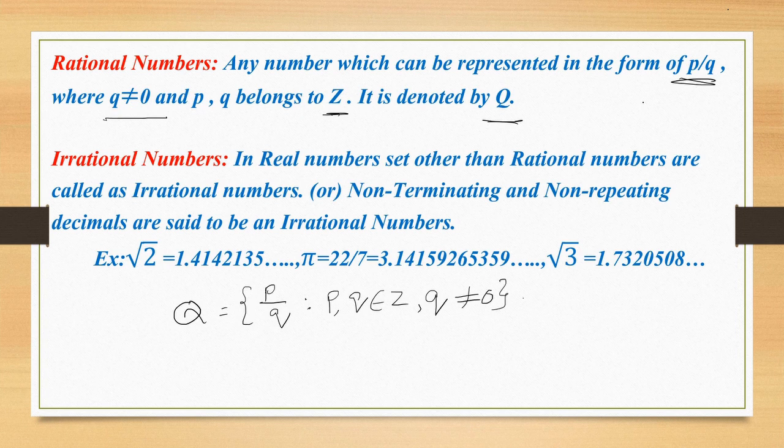If P is equal to 0, that is not a problem. But Q, the denominator, must be not equal to 0. That type of fractional numbers are called rational numbers.